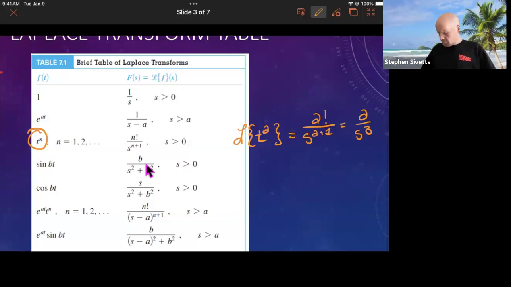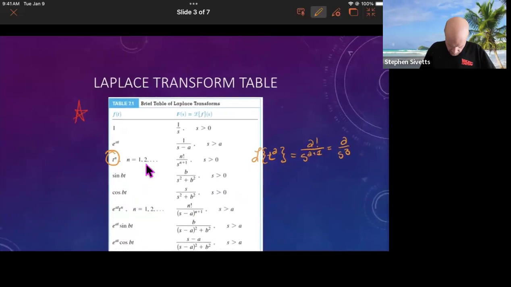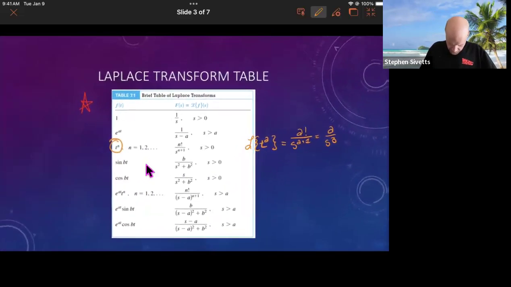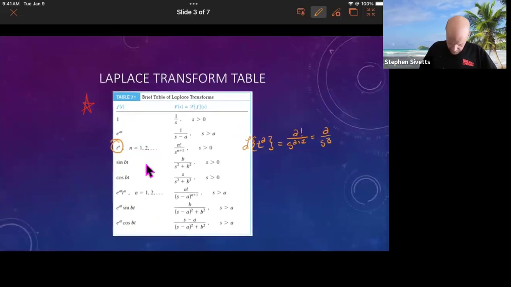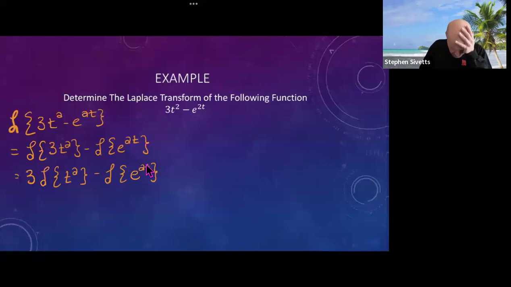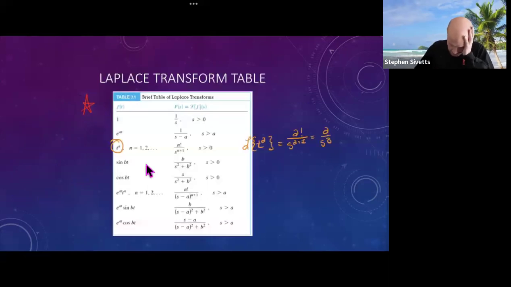So it's 2 over s cubed. If I go back to the next slide, this first quantity here is 3 times 2 over s cubed, minus the Laplace transform of e to the 2t.